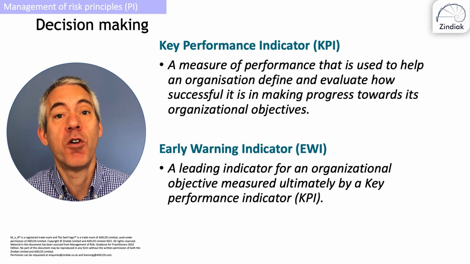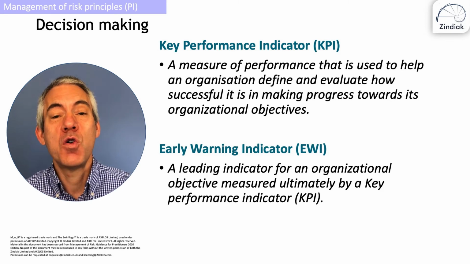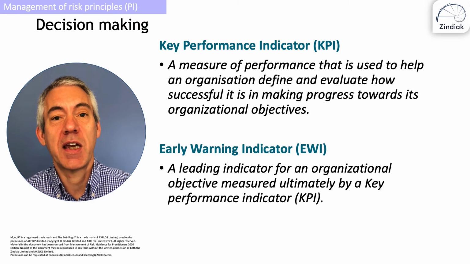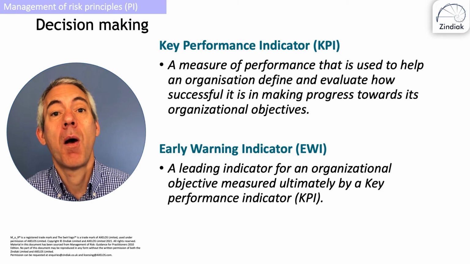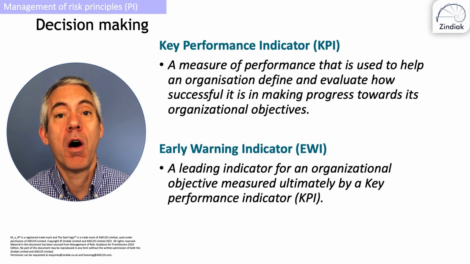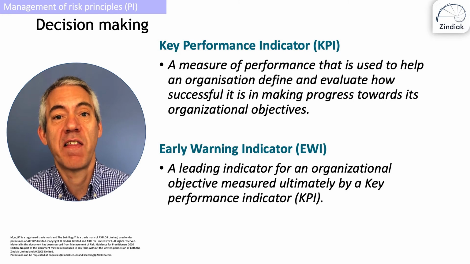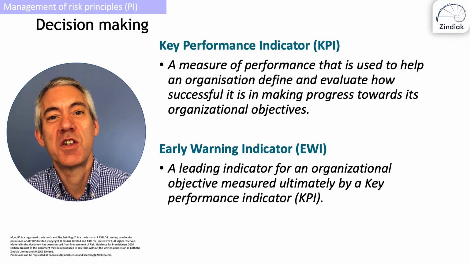A key performance indicator that indicates we are moving towards that objective, making progress towards that objective, might be the number of people who are vaccinated. If a high proportion are vaccinated, then that might be a very good indicator that we are moving towards a situation where there will be fewer deaths.